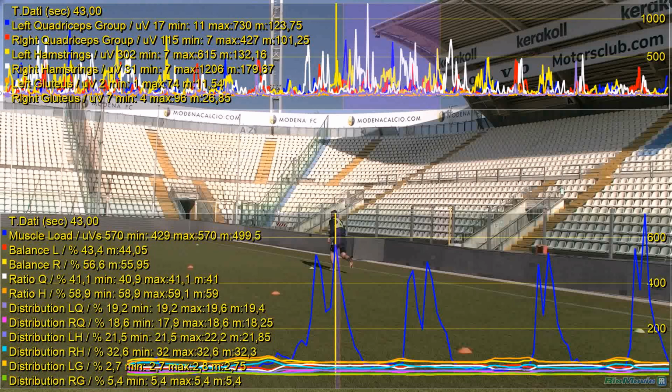Seeing the muscle load, we see acceleration, deceleration, acceleration. Four repetitions; the best repetition that he was able to do with the least time, because time is the horizontal line, is the fourth. And we can also understand that the second repetition, so the second acceleration, is better than the first.